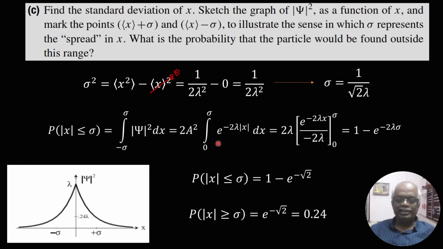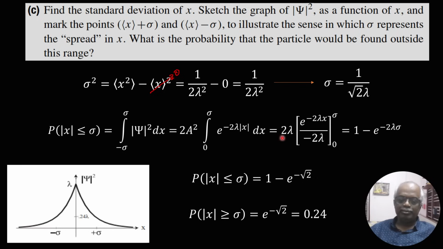If you square it, A squared e power minus 2 lambda modulus x. I am going to take only the positive direction, that is 0 to sigma, so naturally the modulus of x gets removed. The multiplicative factor comes outside the integral, and A squared is lambda.